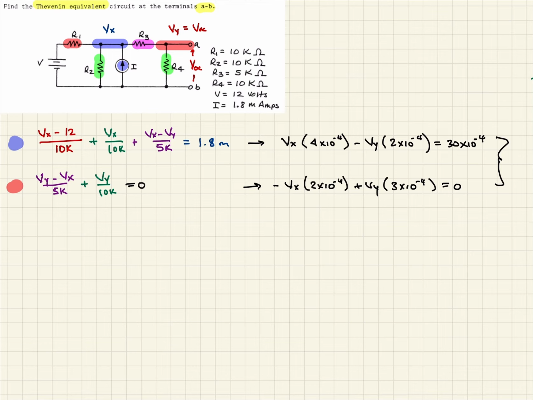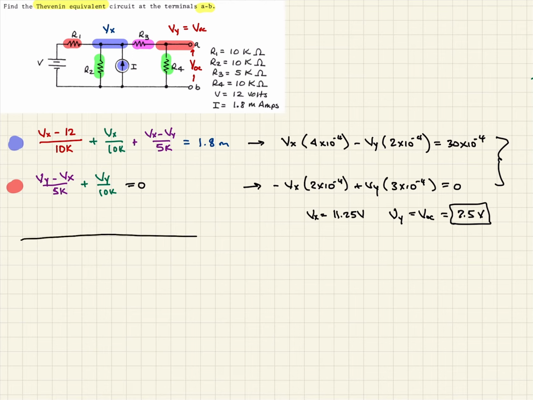But the bottom line is, however you solve it, when you get through with it, you should get Vx is equal to 11.25 volts, which we don't really care about that one. What we do care about is this Vy, which we said is equal to our open circuit voltage, which is going to be 7.5 volts. So here's the one we're really interested in. So that's our open circuit voltage.